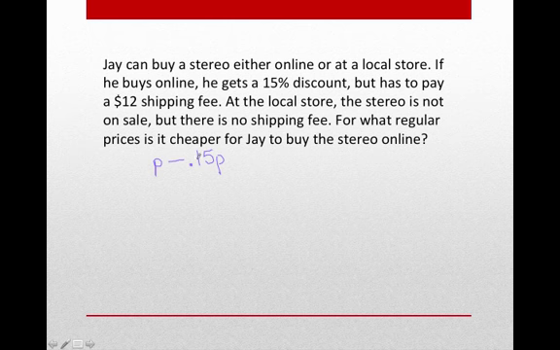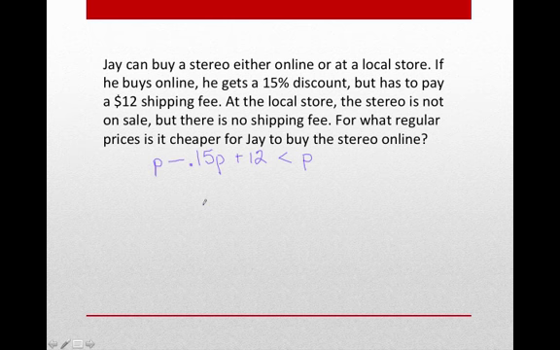So I'm going to subtract 15% of that price. But remember, I also have to pay a shipping fee of $12. I want to know when this will be less than buying it at the store for full price, which is my P. All right, so I've got to combine some like terms.